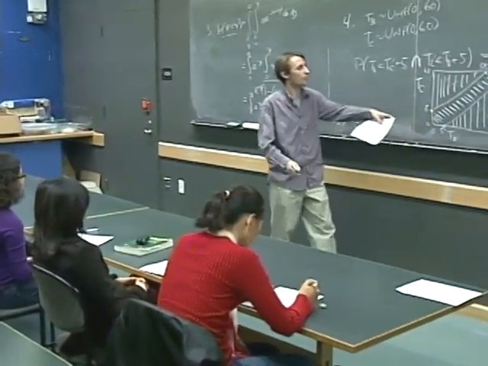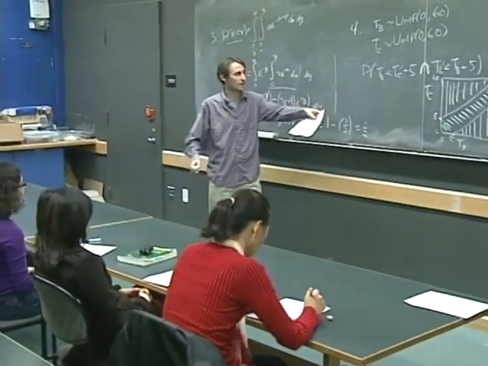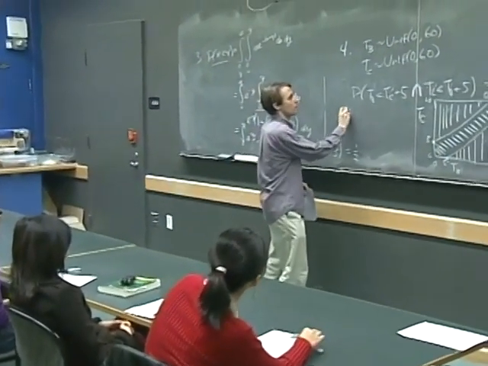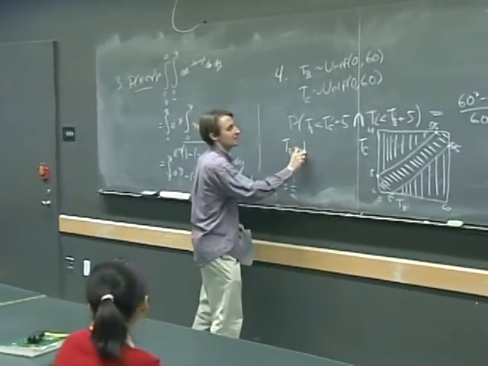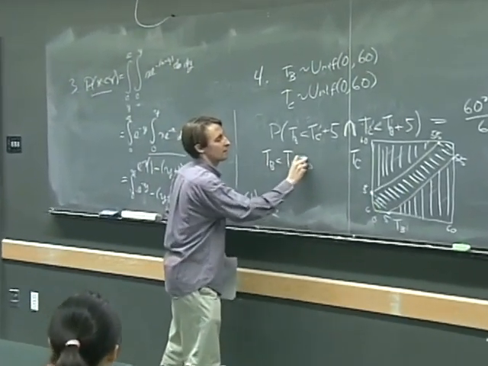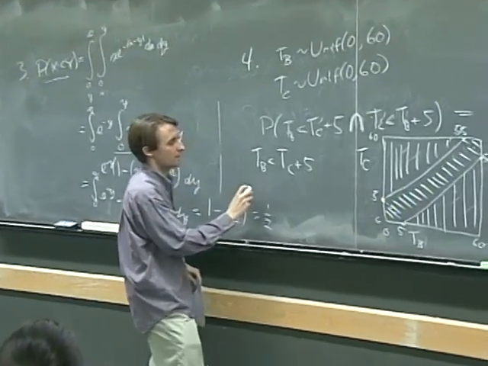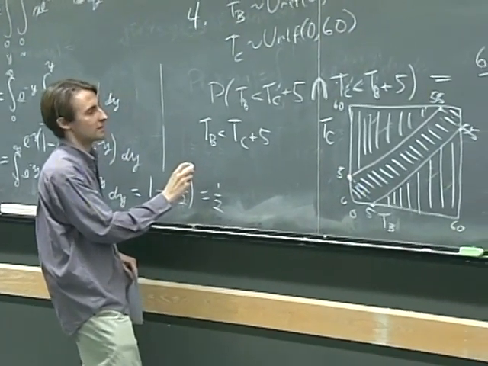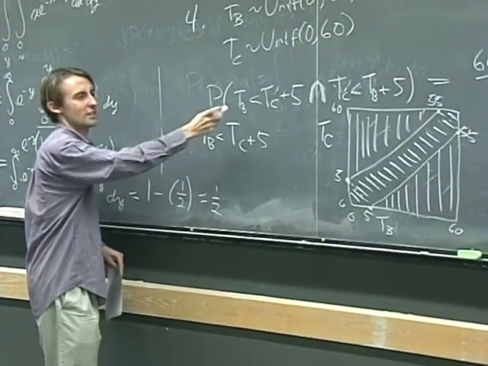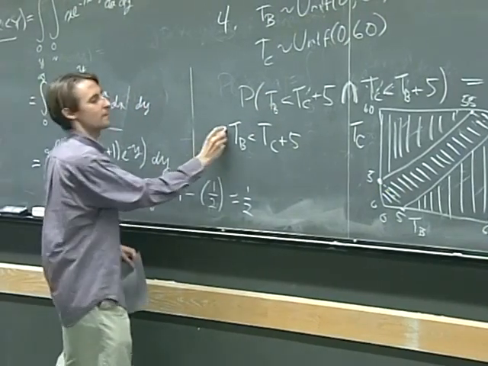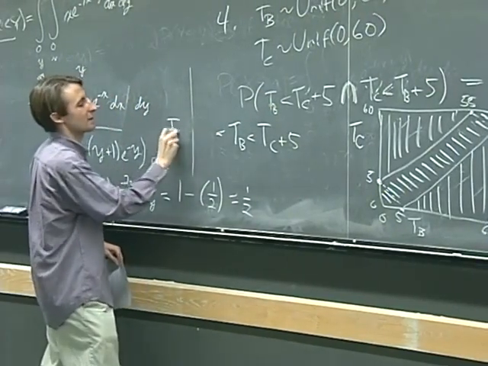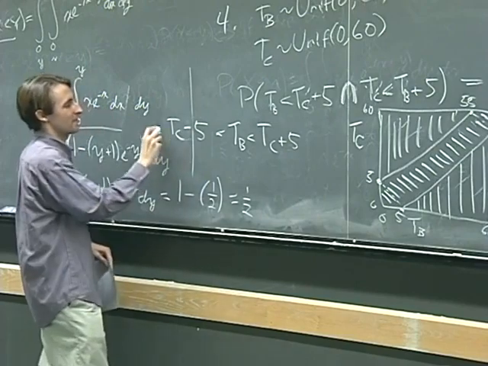Yeah. Okay. Well, there's a mechanical way to do it. Let's look at the mechanical way. TB is less than TC plus 5. And let's see, actually I'm going to suggest a new way to write this probability. TC minus 5.